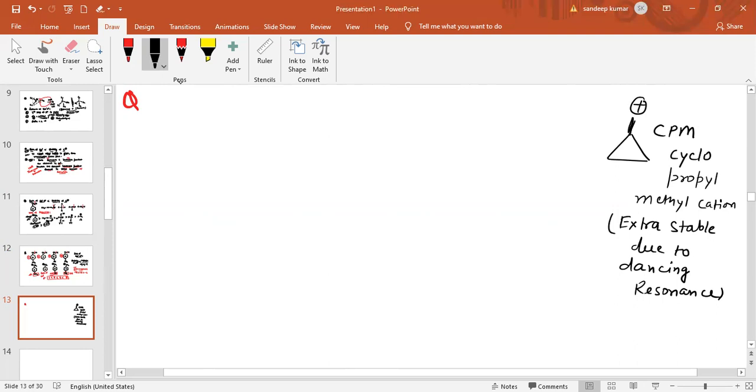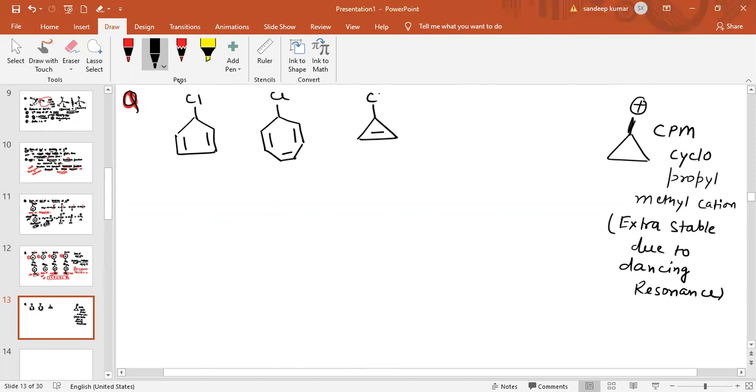Now see the question. We have to compare the rate. So one of the compounds given is this one, Cl, and one of the compounds given is this one, and one of the compounds given is this one.